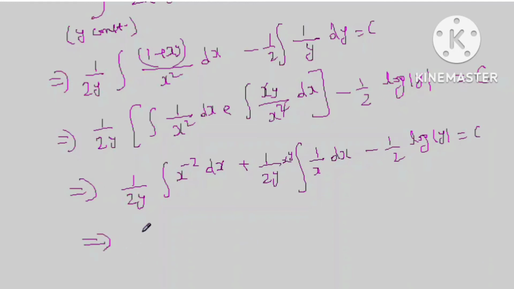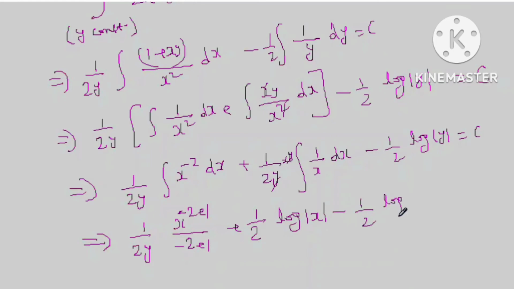So this implies 1 by 2y, the integral of x to the power of minus 2 is x to the power of minus 2 plus 1 by minus 2 plus 1, plus this y gets cancelled out, so this is 1 by 2 log mod x minus 1 by 2 log mod y is equal to c.